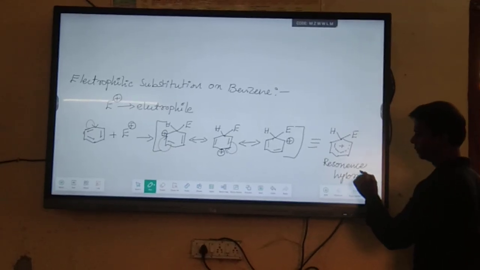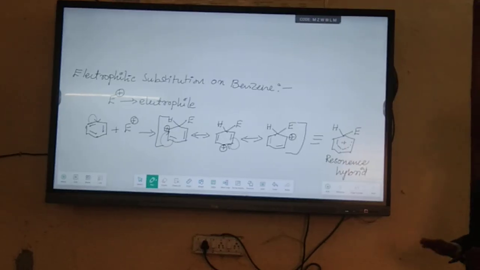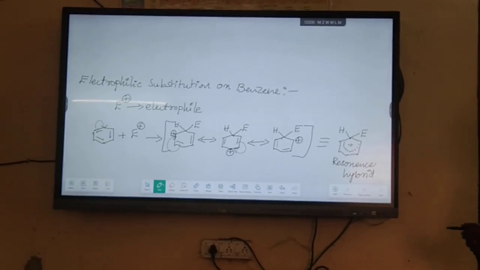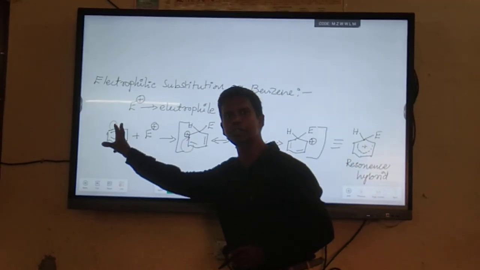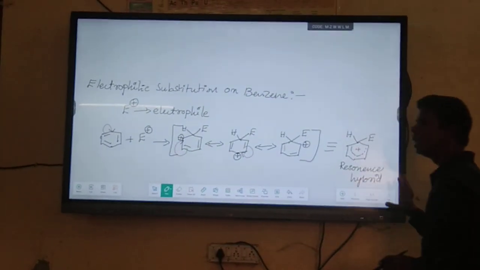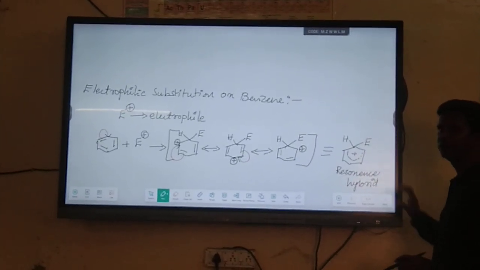So all of you understood? This is the mechanism of how electrophilic substitution occurs on benzene. Up to here, all of you understood?